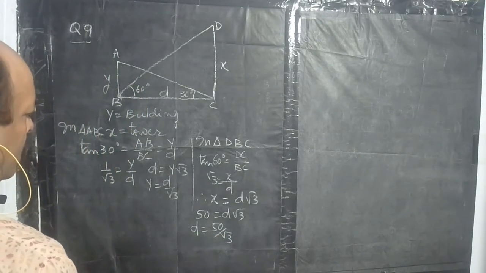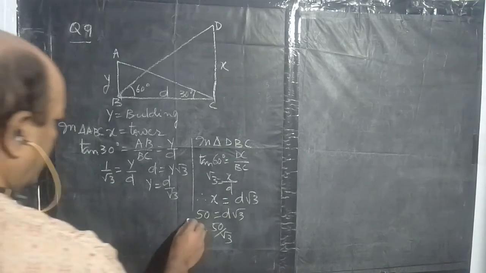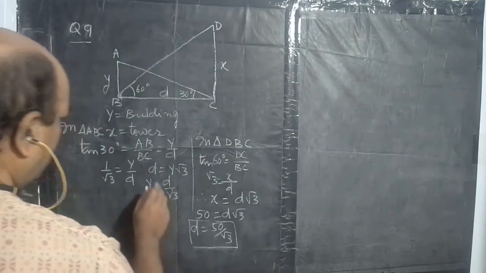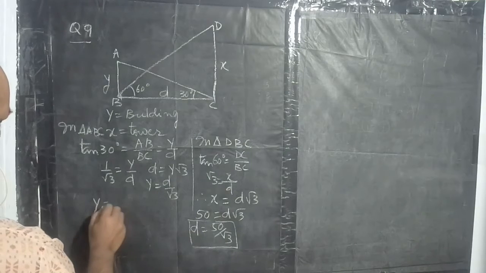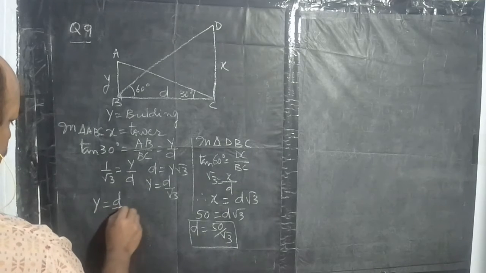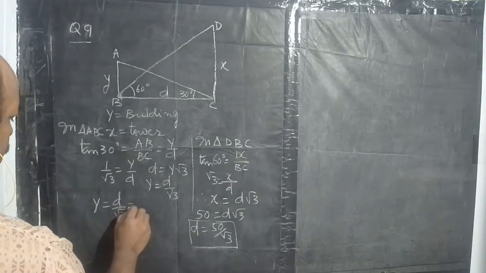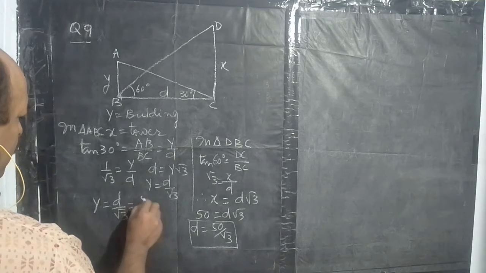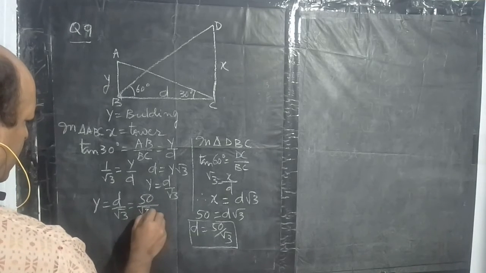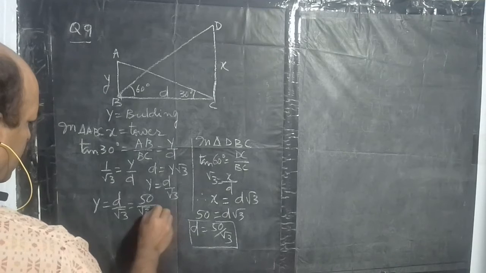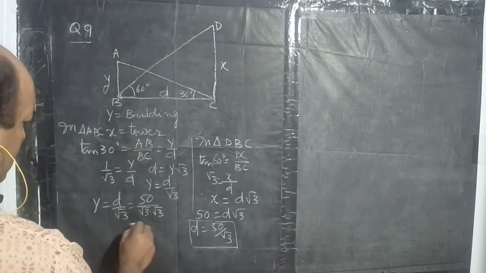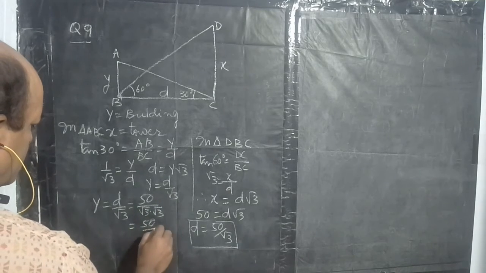Taking the value of d, here we put the value d, y is equal to d upon root 3. d upon root 3 means 50 upon root 3 and another root 3, that is 50 upon 3.